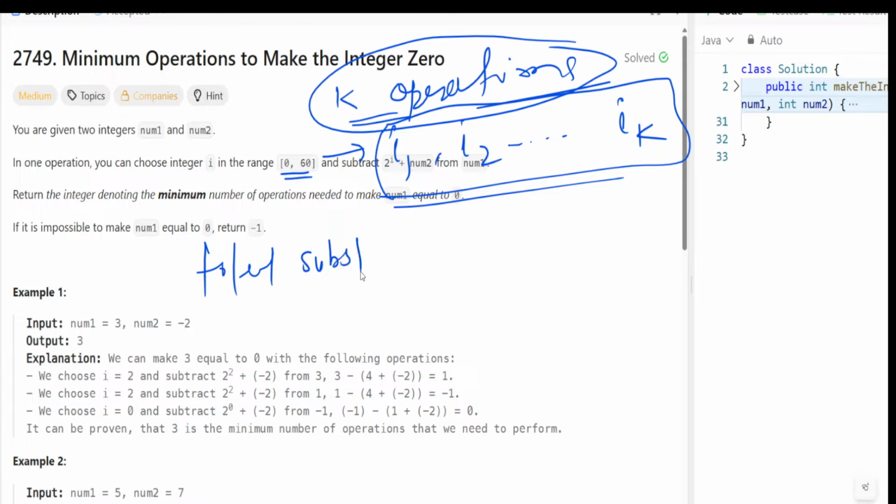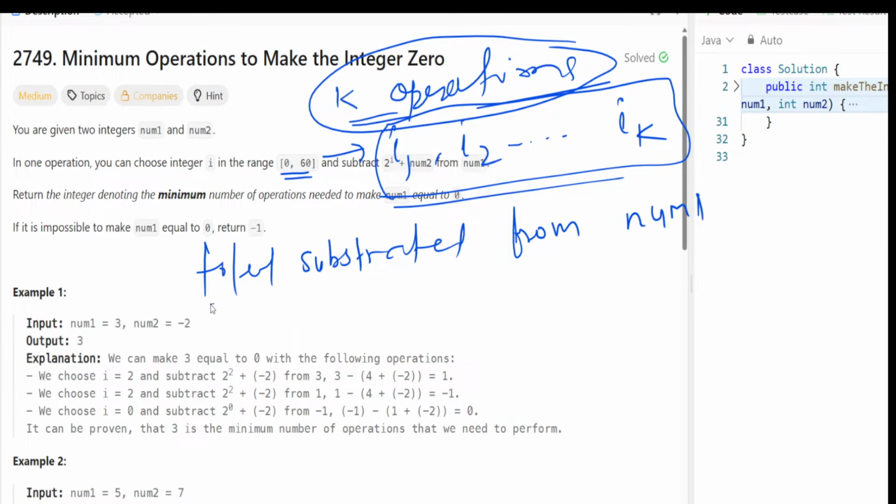subtracted? Forgive me if the spellings are different. We'll talk about the total subtracted from num1, not nums1, this is num1.